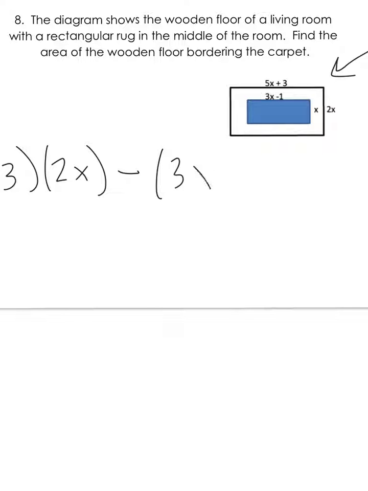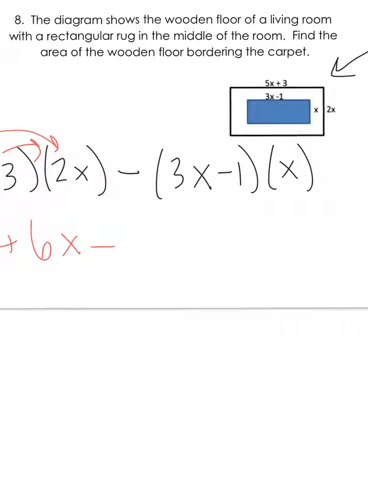So I'm going to subtract 3x minus 1 times x, the rug's area. Then I take 5x times 2x and get 10x squared, and 3 times 2x and get 6x, and now subtract what I get over here. If I multiply that together, 3x times x is 3x squared, negative 1 times x is negative x.